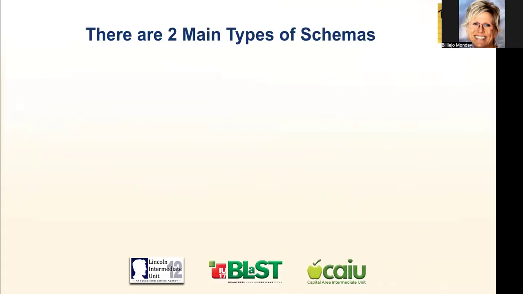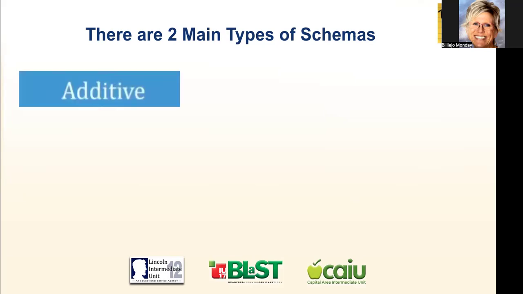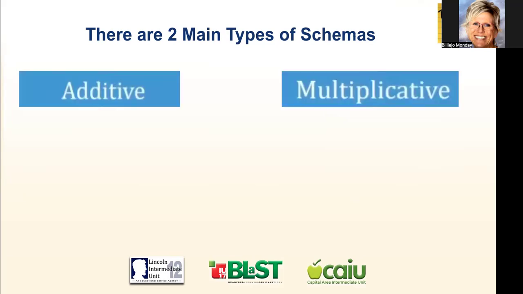Let's recall that most of our elementary word problems fall into two broad categories, all being under the umbrella of routine word problems. And those are additive schemas and multiplicative. There are three under additive, if you recall.